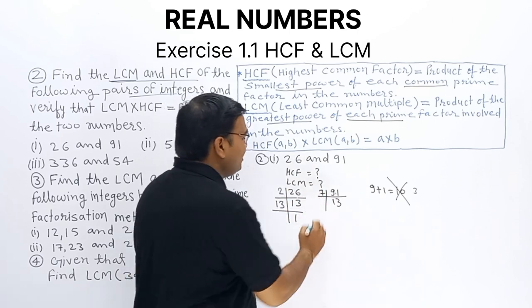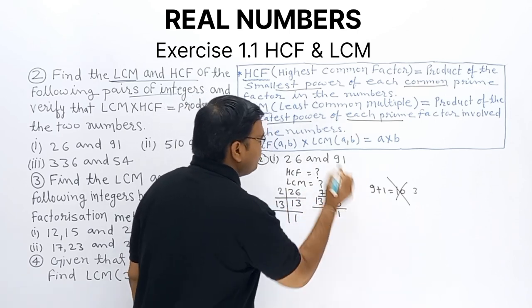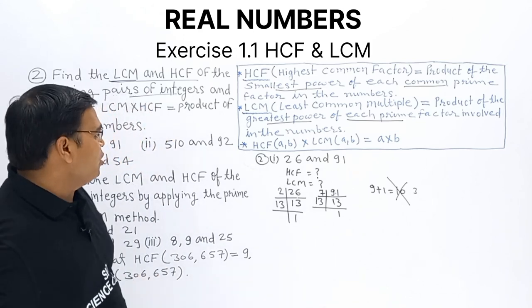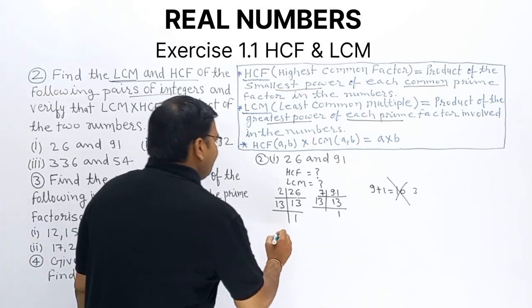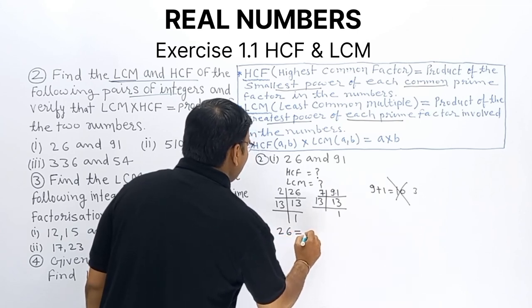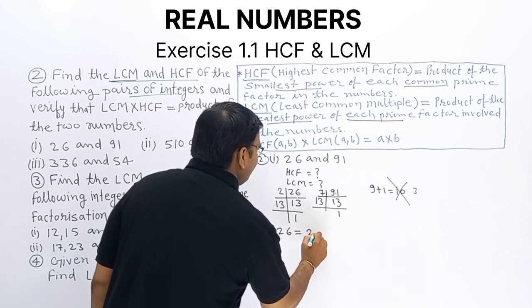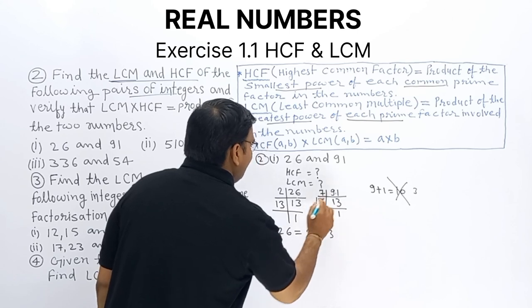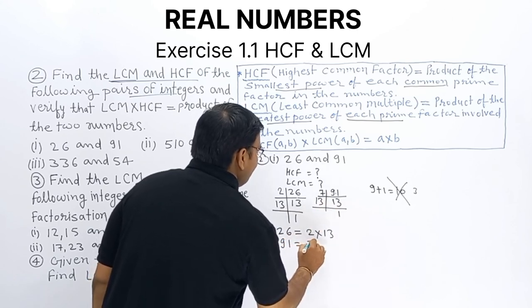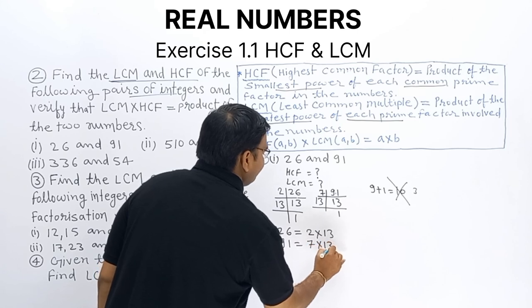Then we are getting 13. Now it is divided by 13. So these are the prime factors by using prime factorization. So what we are getting? 26 equal to 2 into 13 and 91 equal to 7 into 13.